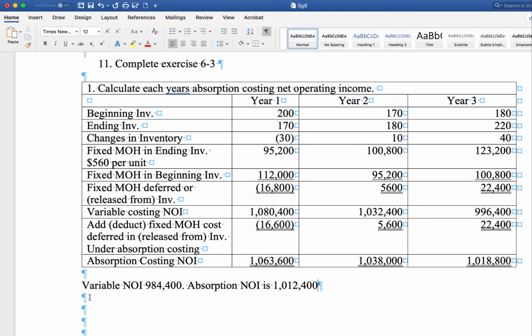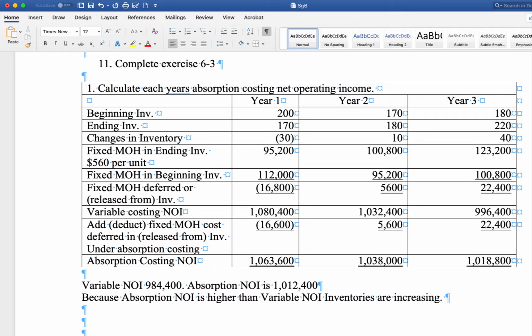So I'm going to say because absorption NOI is higher than variable NOI, then by default inventories have to be going up. Are increasing.